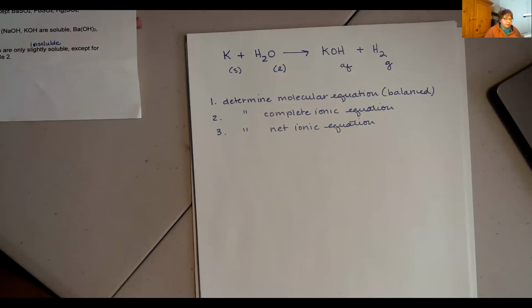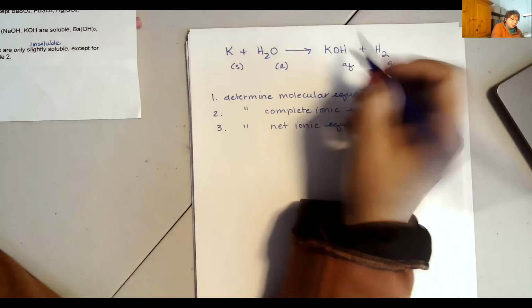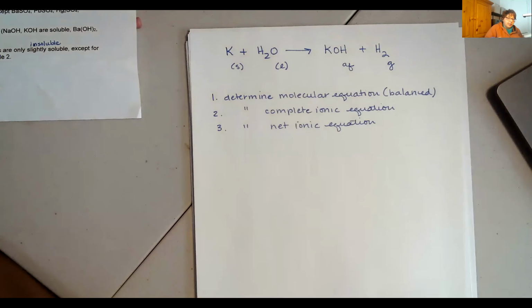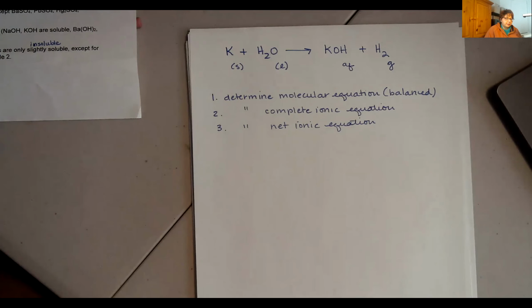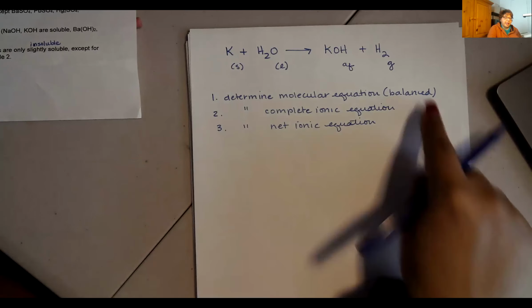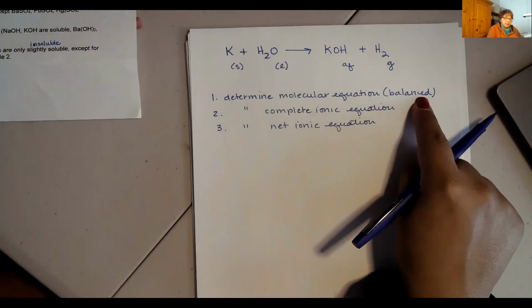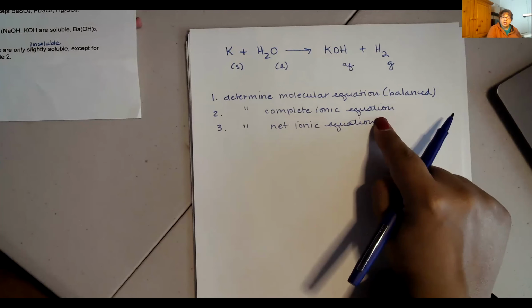So those are your products. Anytime you have a metal plus water, you always get a hydroxide and a hydrogen gas. I believe this was on your handout, types of reactions that I gave you. But if you were stuck on what the reaction is, here's the reaction. So now let's see if you can balance it and determine the complete ionic equation.